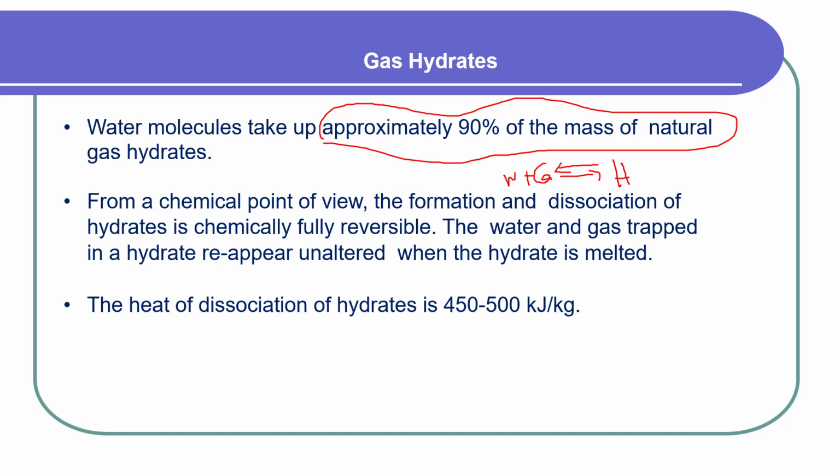Therefore, from a chemical point of view, the formation and dissociation of the gas hydrate is a reversible process. The heat of dissociation is between 450 and 500 kilojoules per kilogram, which means that for each 1 kilogram, you need to provide around 500 kilojoules of heat or energy in order to dissociate the hydrate and release the gas and the water.